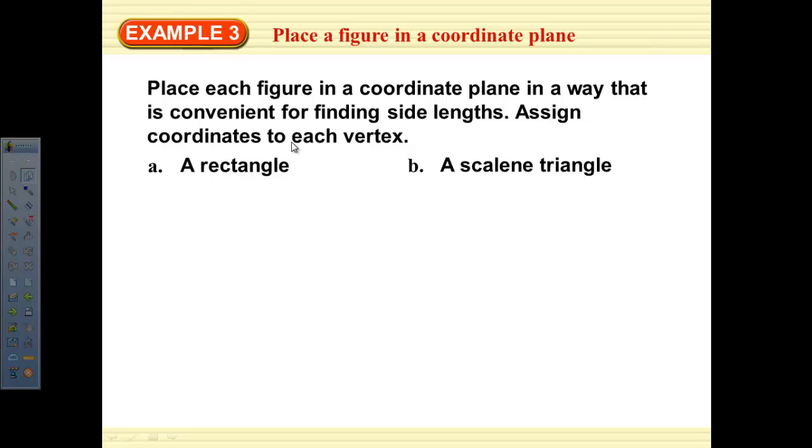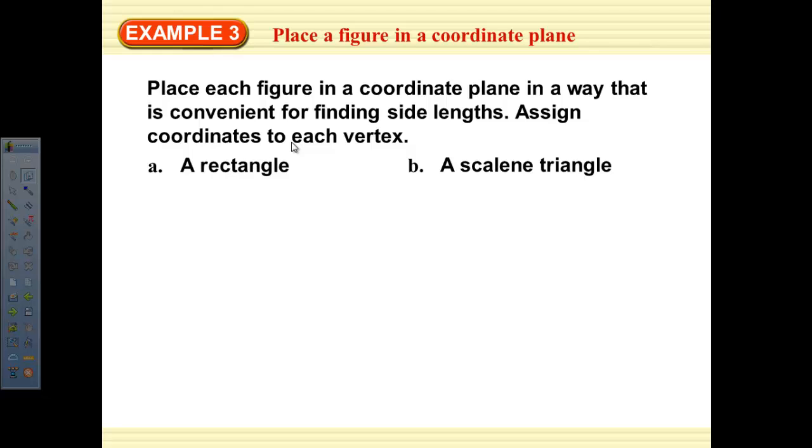Alright, now we're going to talk briefly about coordinate geometry, and it has to do with proving certain properties that are true in general rather than specific situations. So rather than using numbers to represent lengths, we use variables.